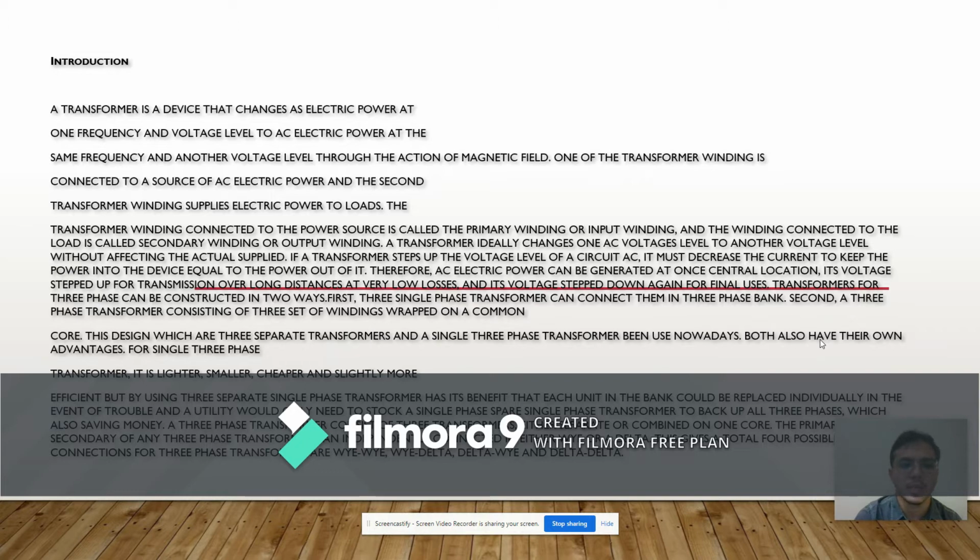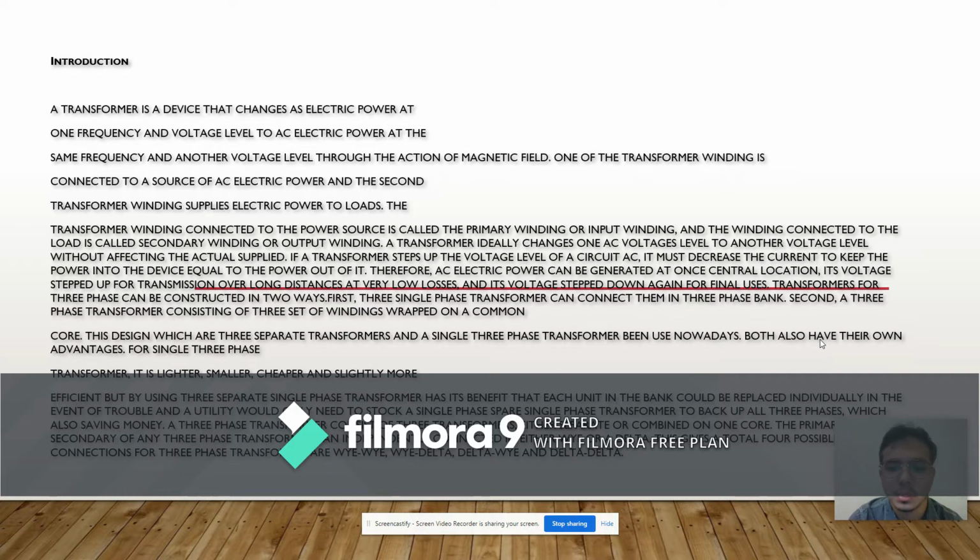Transformers for three phase can be constructed in two ways. First, three single-phase transformers can be connected in a three-phase bank. Second, a three-phase transformer can consist of three sets of windings wrapped on a common core. Both designs are used nowadays and have their own advantages.